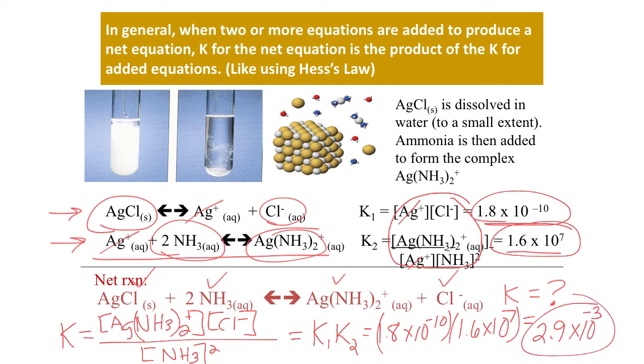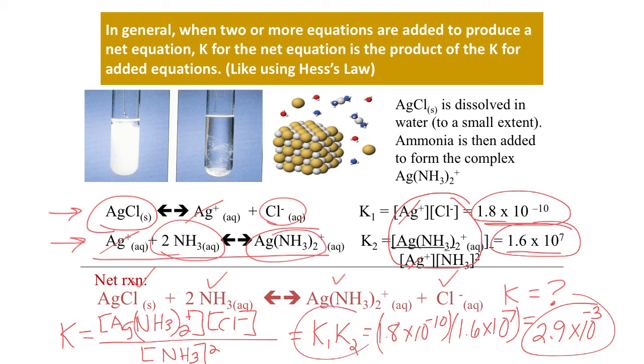All right, so I'm going to go through again how we got that and why. When we are combining our equations, you want to multiply the two K values together, because you would be taking all of the products over all of the reactants, and all of the products would get multiplied, all of the reactants would get multiplied in the denominator.